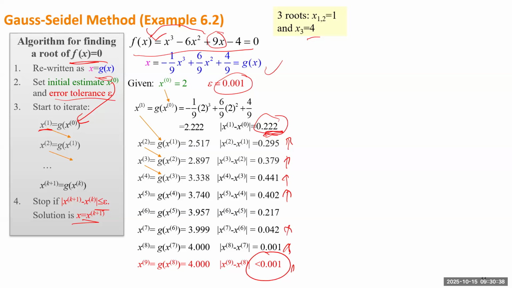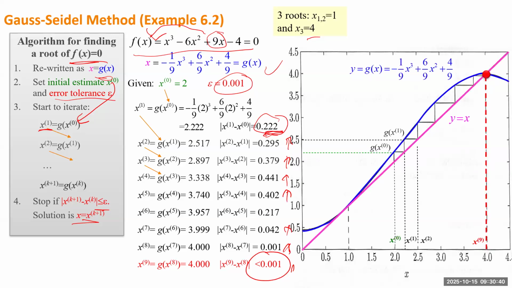So it seems to be going in the wrong direction, but eventually there is a significant decrease and finally it gets to the true solution. If you visualize this process for the transformed equation, the right-hand side keeps the nonlinear information, which is the blue curve. The left-hand side is just a straight line. So the Gauss-Seidel method is equivalent to finding the intersection points between 2 curves: the nonlinear curve, which carries all the nonlinear information of the original function, and the linear curve.